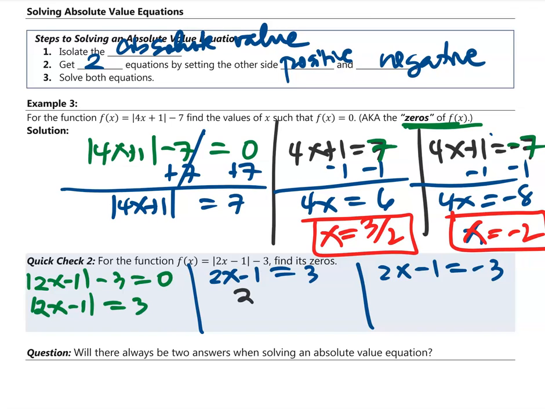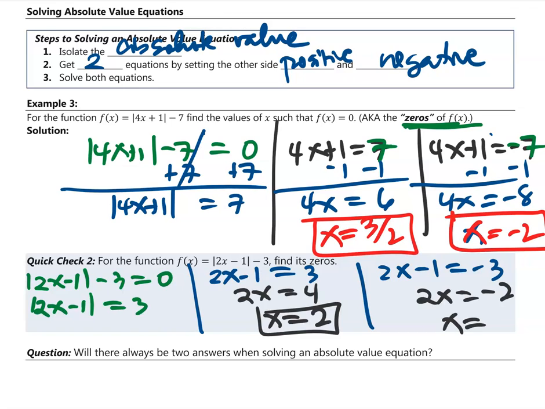So add 1, then divide by 2, so x is equal to 2. Add 1, then divide by 2, x is equal to negative 1.